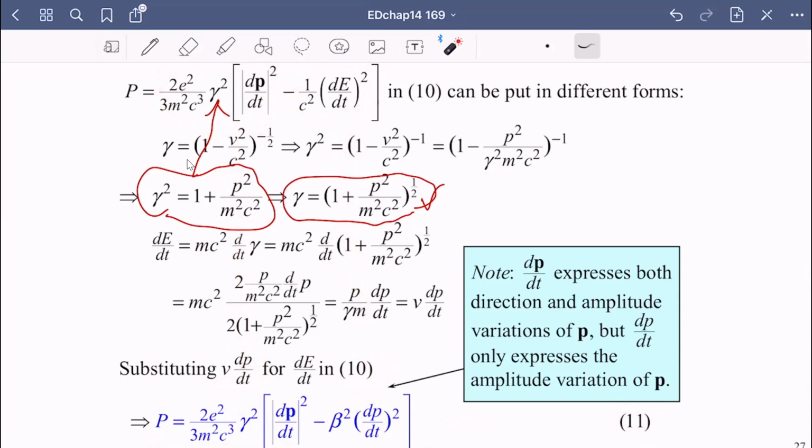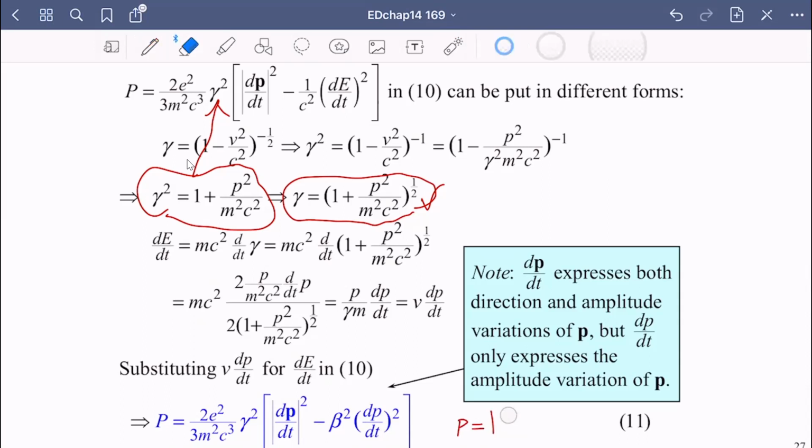Total power radiated is here in terms of gamma, p, beta, and p absolute value. This P is, yes, P absolute value.